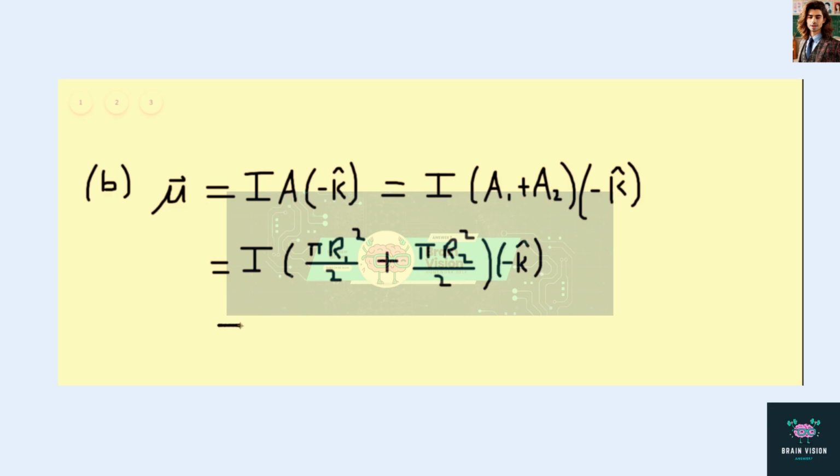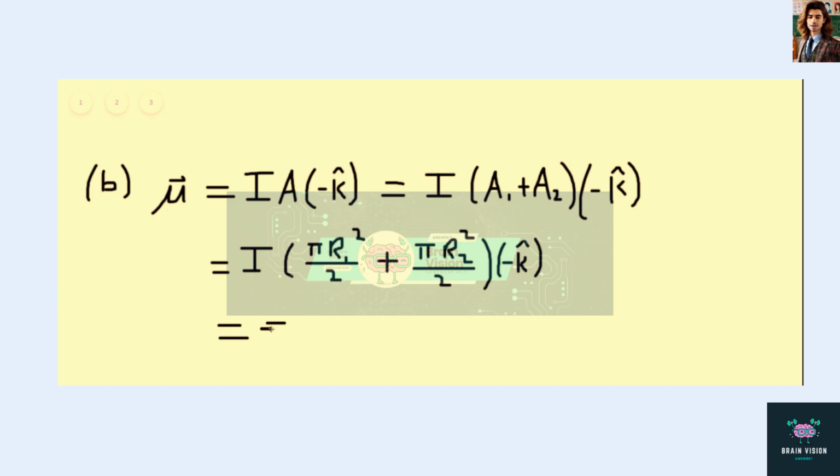Okay, and then just to simplify this a little bit more, we can pull the pi out front as well as the 2 out front. So we end up with I, and we can pull the pi out front, the 2 out front, and we can also pull the negative out front from the k. So we'll really make this a lot more simple to read.